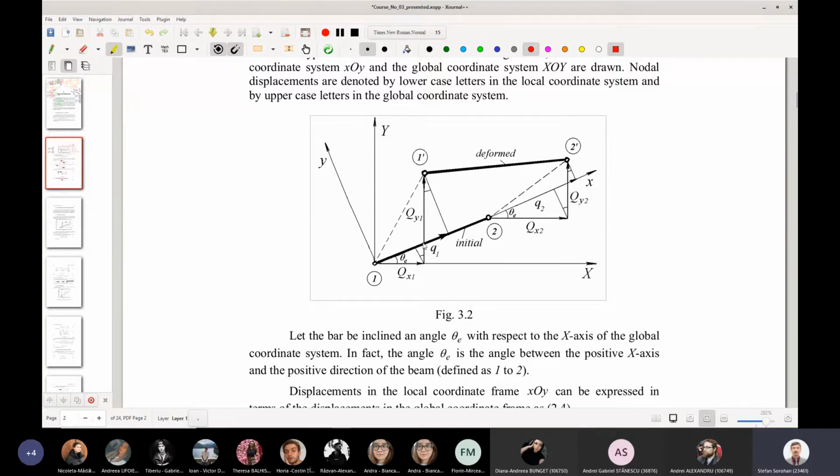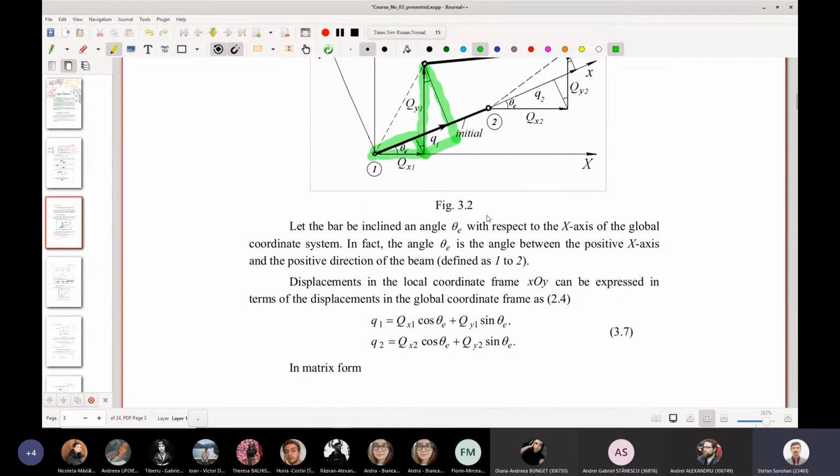And from these triangles here, you can observe that Q1 is this part plus this part here, that is Qx1 cosine theta, and this one here is Qy1 sine theta.